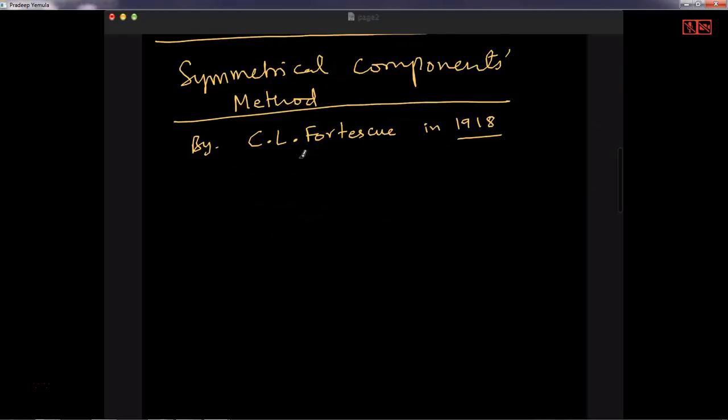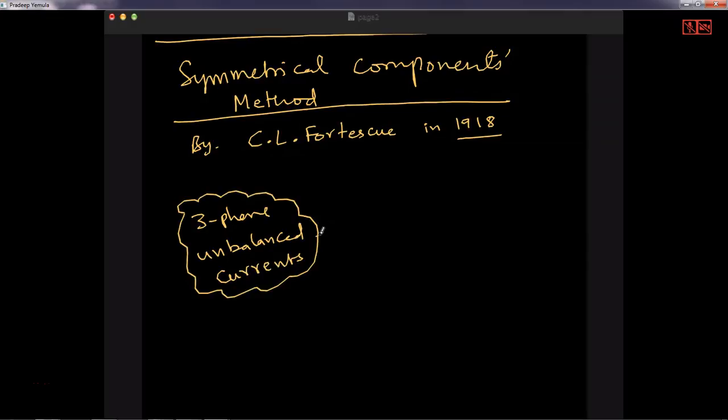So what the symmetrical components method is saying is, you have three phase unbalanced currents. By doing this, I can separate this into three components.